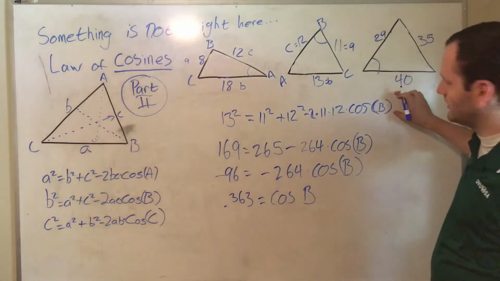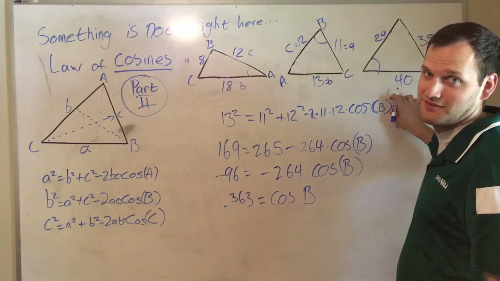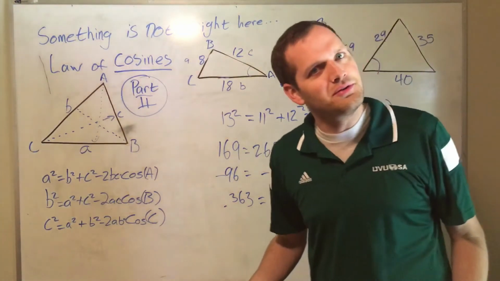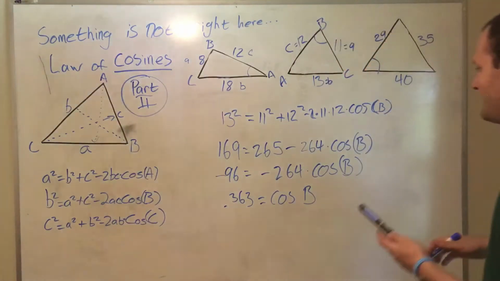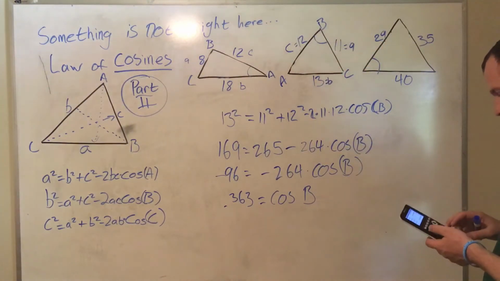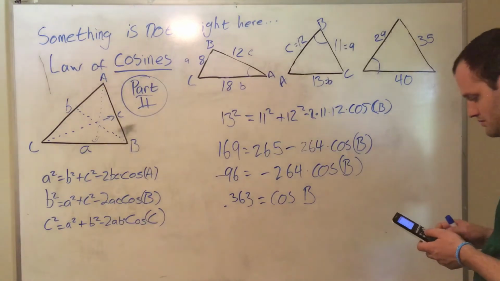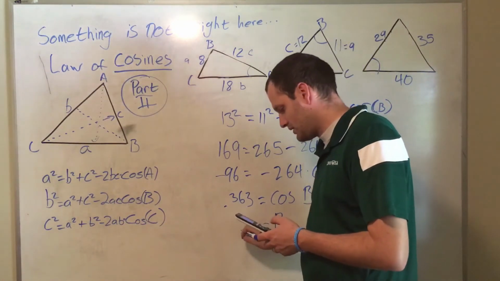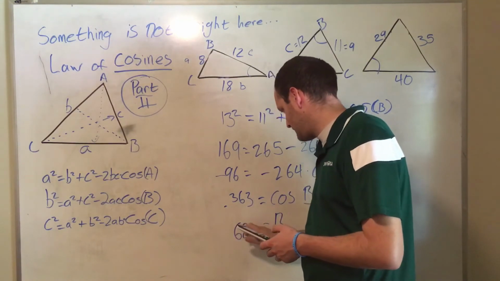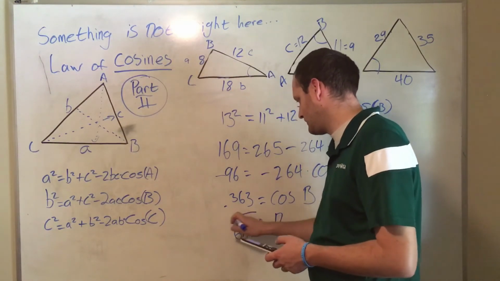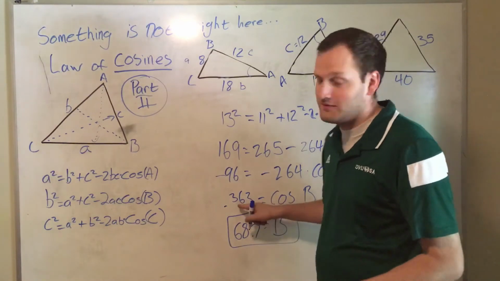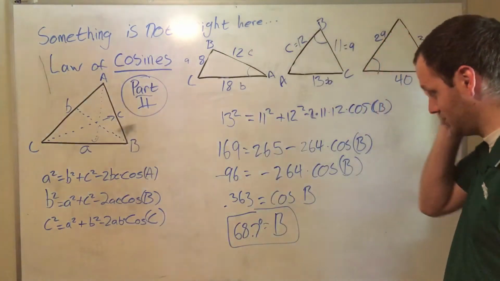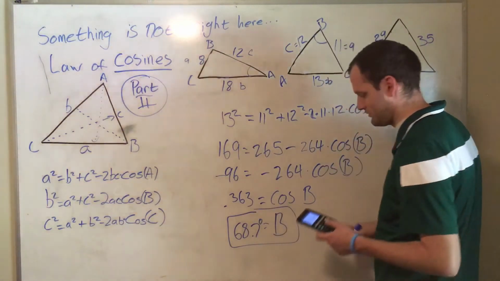Again, at this point right here, you could have just used NSolve if you have a TI Inspire. I don't. I'm on a TI 84, which I personally think are cooler anyway. Take the inverse cosine of both sides. That gives me b is 68.7 degrees. You might have got something slightly different if you used 0.363. I used the actual entire decimal and plugged in for b.